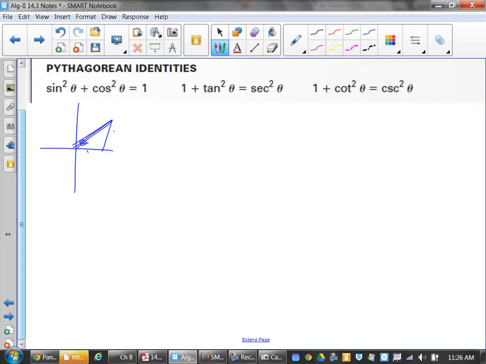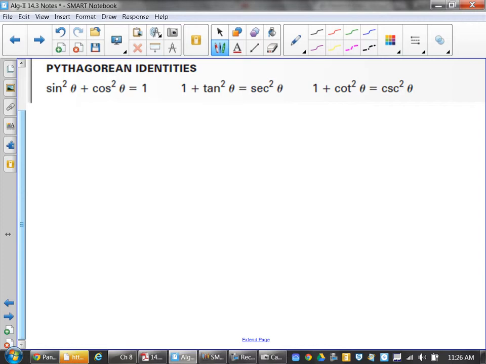Isn't that the Pythagorean theorem to get your radius? That's how that works. That's how all this stuff is built. It's built out of the unit circle by showing that theta is a triangle.